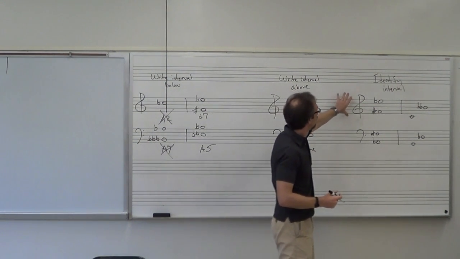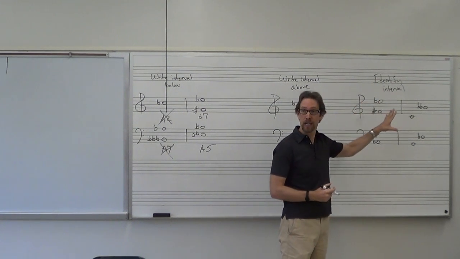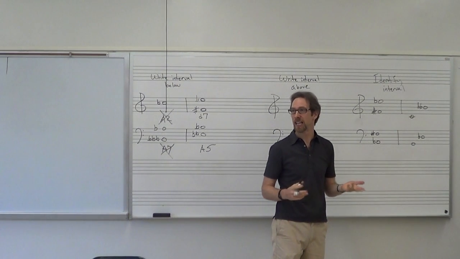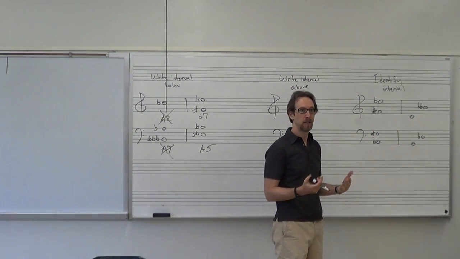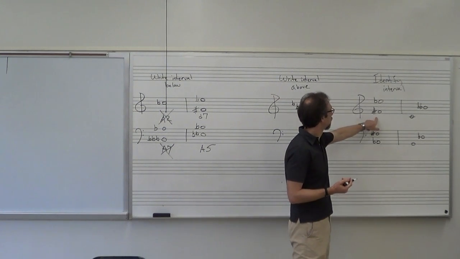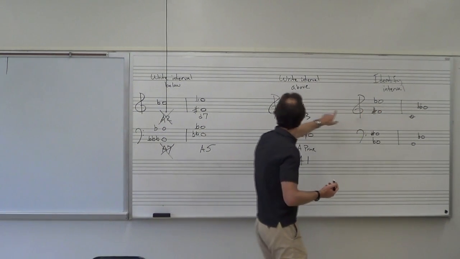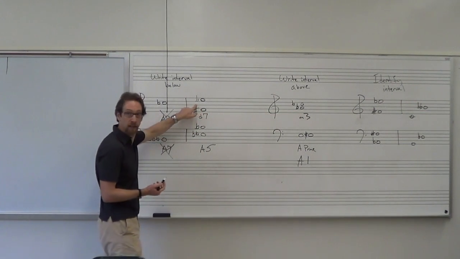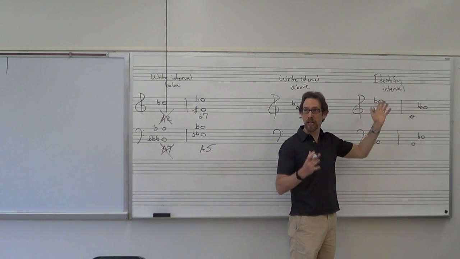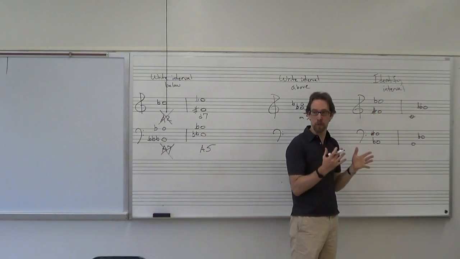Good. Now, here's some intervals already written, which you have to identify. So these are all the different permutations of the kinds of questions you're going to be asked to identify and answer correctly. Here, F sharp, E flat. Now, we kind of already answered that one, right? But let's go through it if we're looking at it from this perspective.